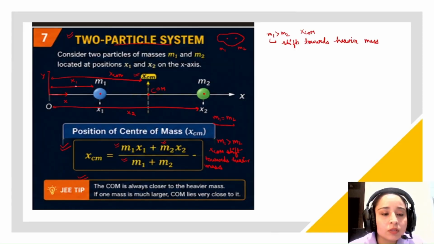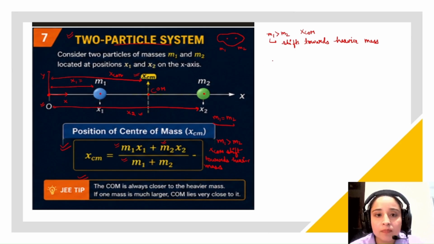Center of mass. You see, this is the x1 position, that is the position of m1 mass. x1 is the position of m1 mass, and you can measure the position by considering a reference frame. Firstly, you need to consider a reference point, that is the origin. So x1 is the position of m1 mass, x2 is the position of m2 mass from the origin, and XCM is the position of the center of mass.